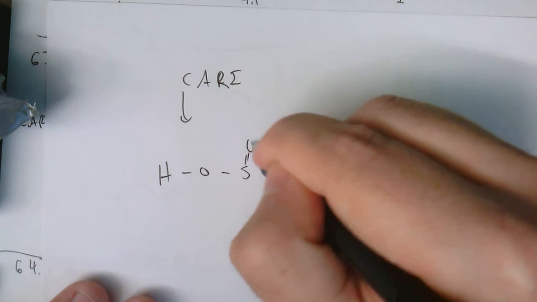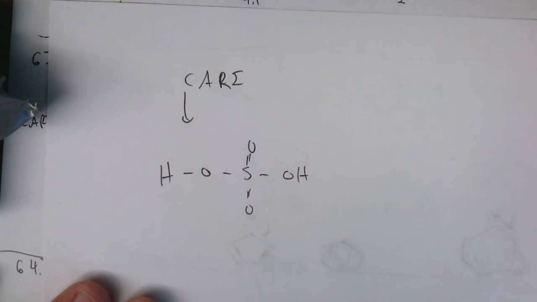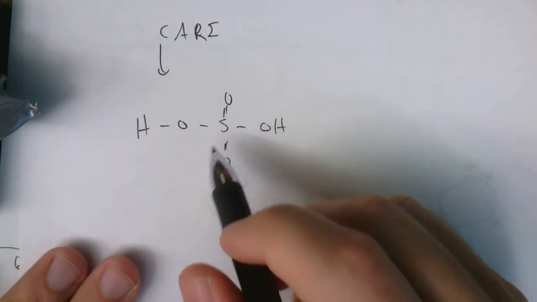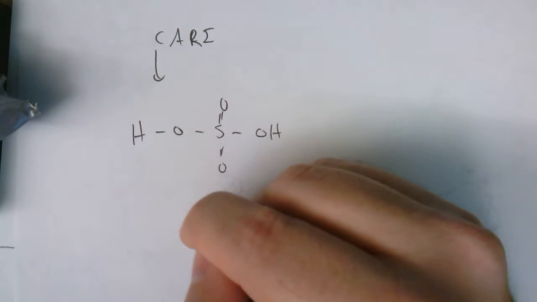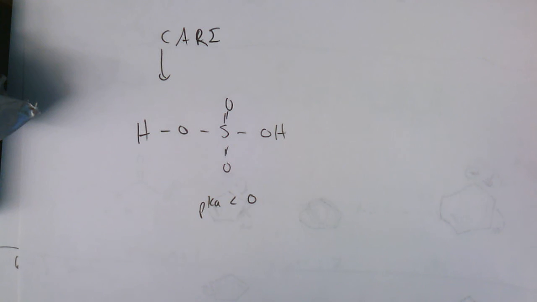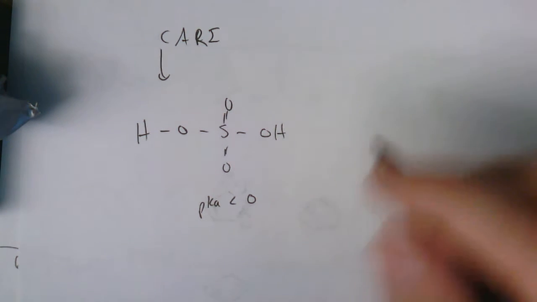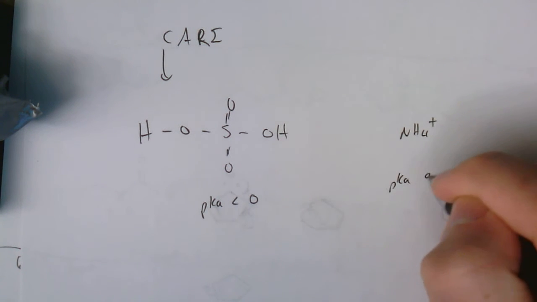Because if you think about sulfuric acid as a good sort of benchmark, sulfuric acid is a neutral acid, okay? And the pKa of this is what? Negative something. It's like -9. I don't know. I'm just gonna say the pKa is less than 0. It's a really strong acid. Then we have things like NH4 plus, where we know the pKa of this is like 9.4.